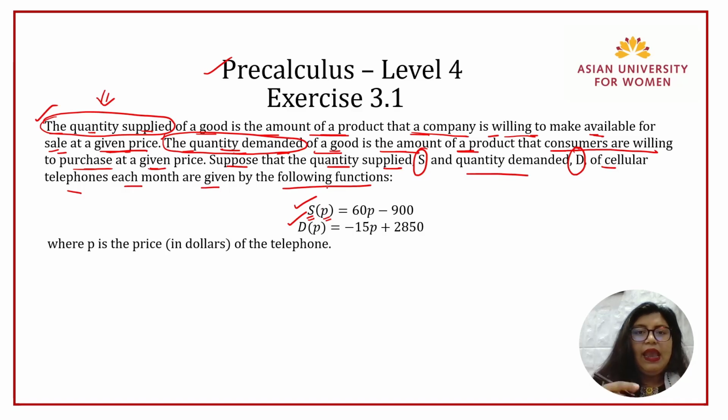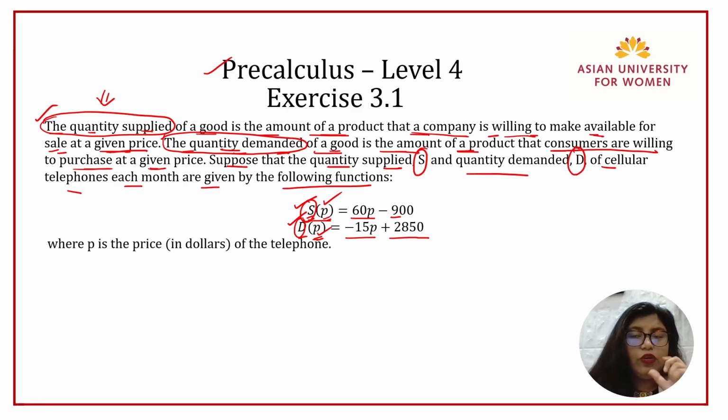At a certain price, the company is willing to sell, and at a certain price, you are demanding that product from the company, right? So demand also depends on price, and supply also depends on price. The supply function is written 60p minus 900, and the demand function is written minus 15p plus 2850, right?